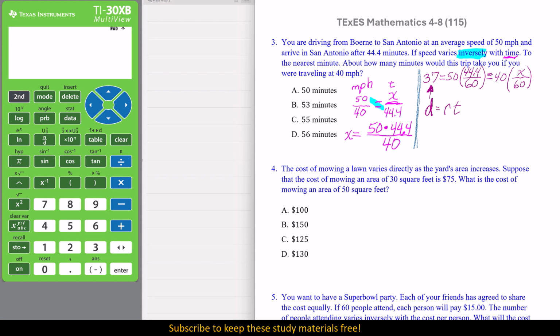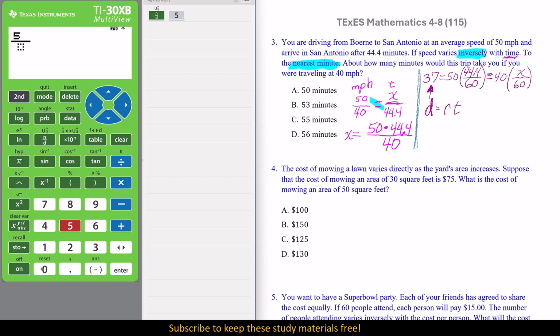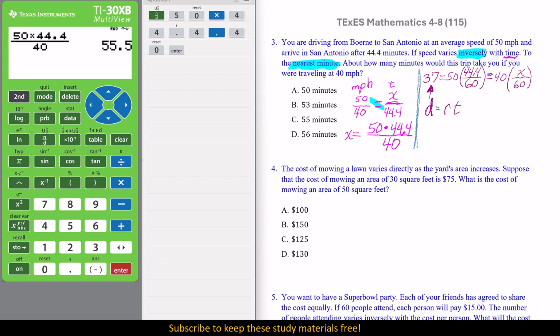Now, don't forget, it says to the nearest minute. Looking at our ABCD options, I do believe we will have to do some rounding. So let's set our fraction up. I see 50 times 44.4, arrow down, dividing by 40, double check, push enter.